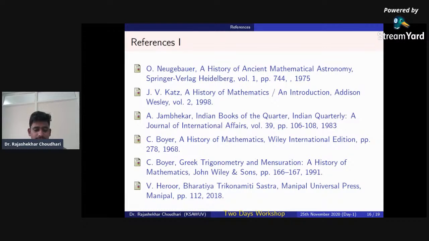If you are interested in the history of trigonometric functions, this book will provide you all the information regarding the history of the sine function, cosine function, tangent function, and most of the trigonometrical functions. This book is available on Amazon. If anybody is interested, they can purchase it from the Amazon website.